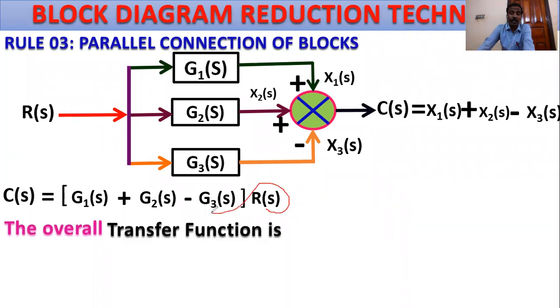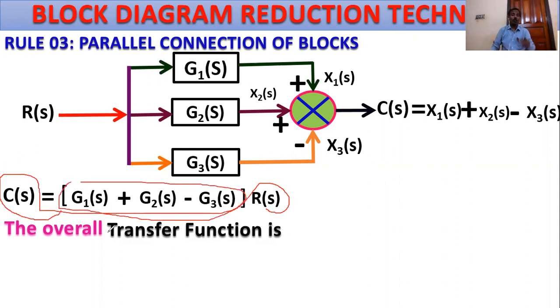Just C(s) by R(s) equals G1(s) plus G2(s) plus G3(s). So for parallel connection, addition, and for cascade connection, multiplication of the gain.